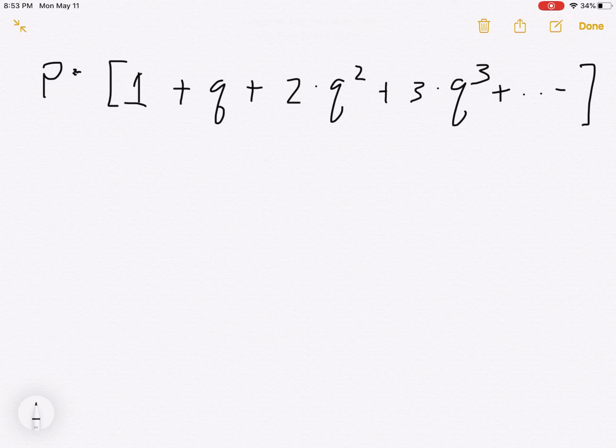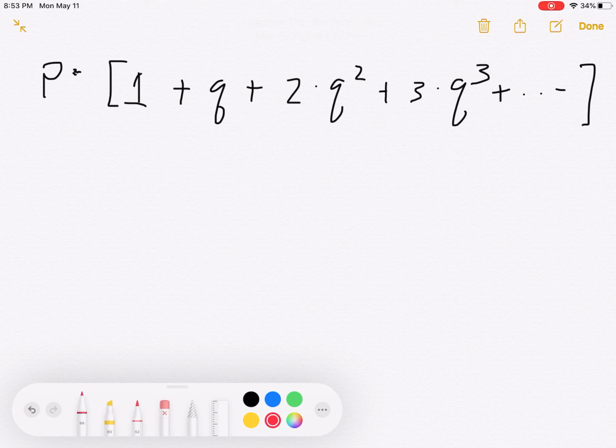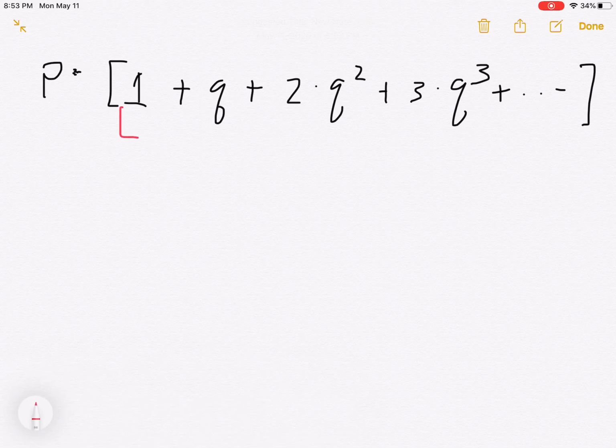Okay, this is an infinite series, but this part right here, let me just point out, this is not geometric.